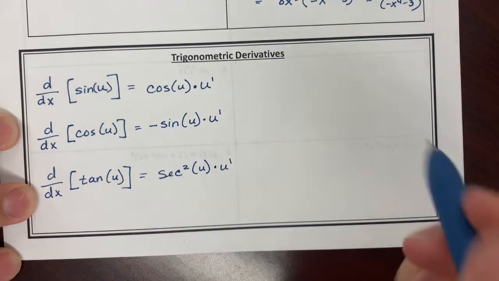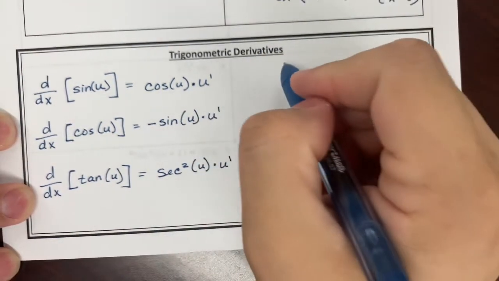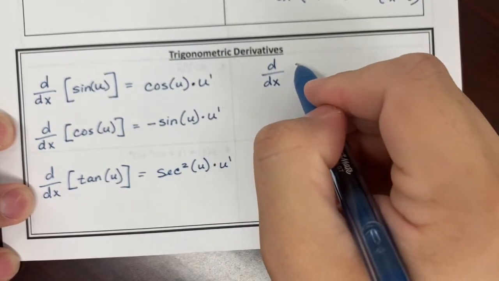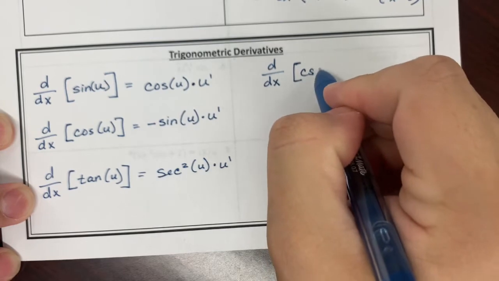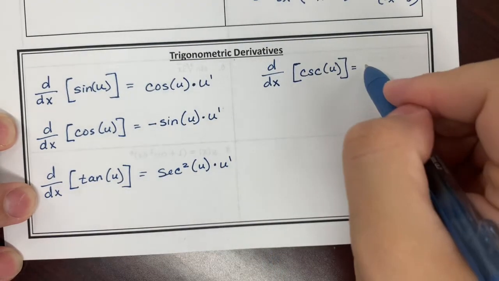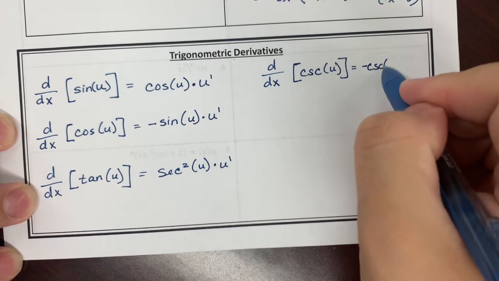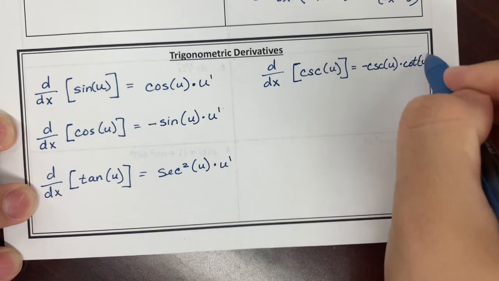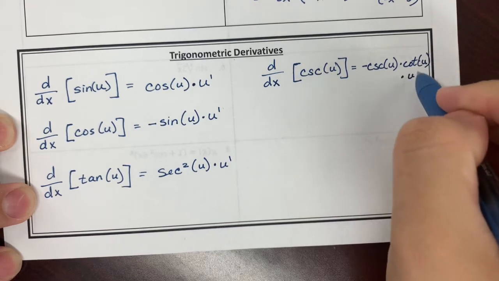Let's keep going. If I wanted to take the derivative of cosecant of u, that's going to be equal to negative cosecant of u times cotangent of u times u prime.